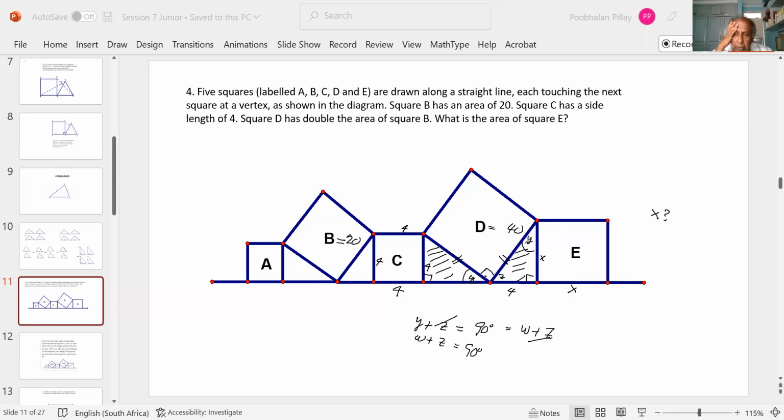So this side squared is equal to 40. This is a square. So when you square this side, you're going to get 40. So the side itself will have to be square root of 40. Right? To get 40, the number which needs to be squared is square root of 40. So this side here is square root of 40.